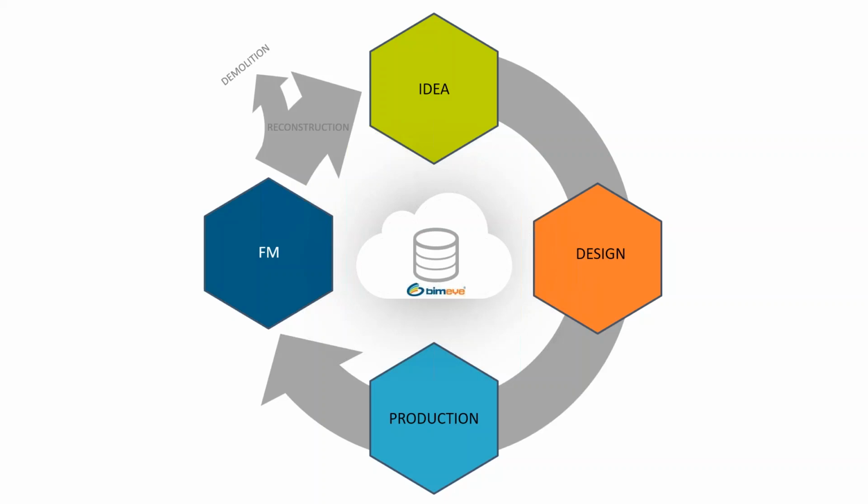When that bank is finished and they want to send it to the production site, they will export the information from BIMEYE and send it to the construction site. Then at the construction site, they will put all of that information into the machines that are going to drill down the piles.